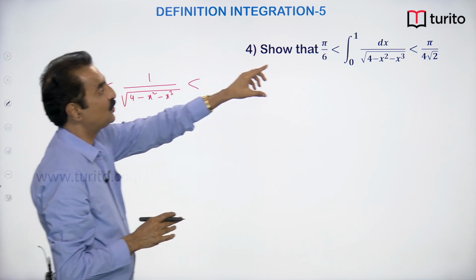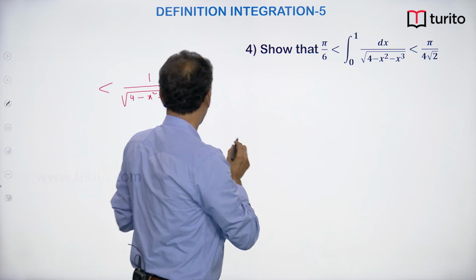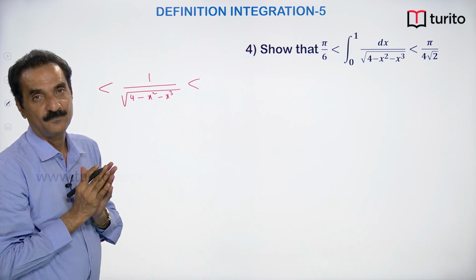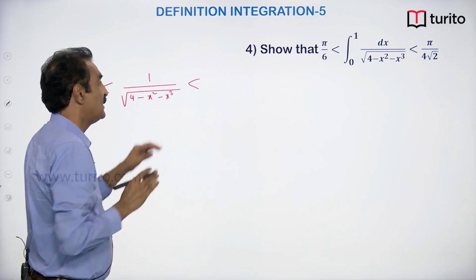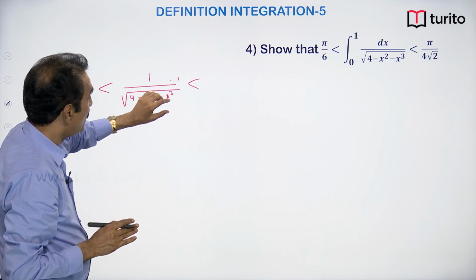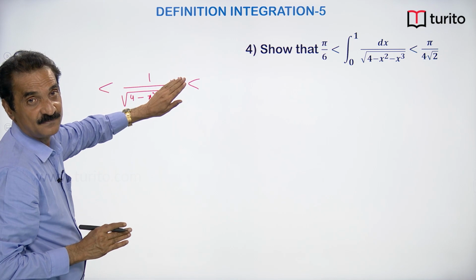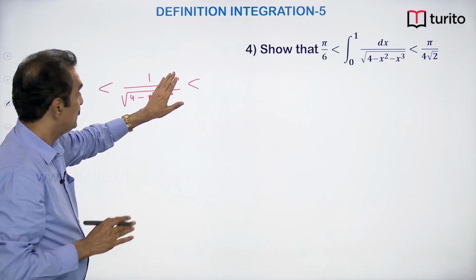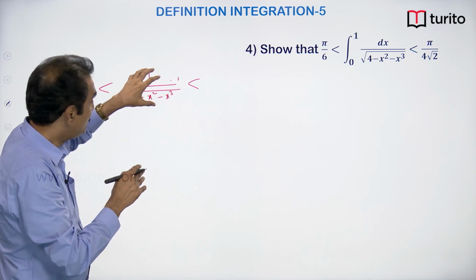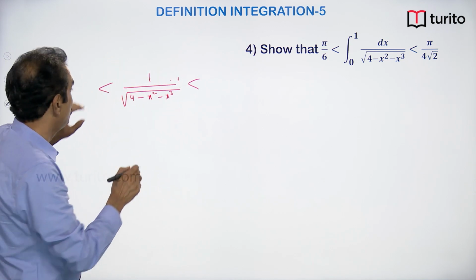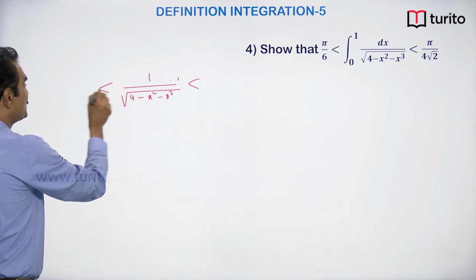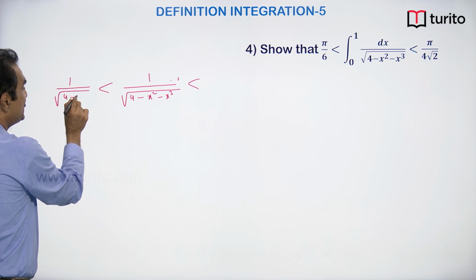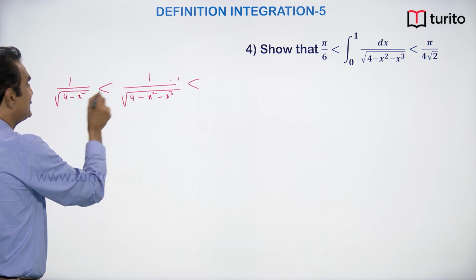In the interval 0 to 1, x cube lies between 0 and 1. If I remove x cube, what happens? The denominator increases, because you are removing minus x cube. When the denominator increases, the total value decreases. So, if I remove x cube, I can write 1 by root over 4 minus x square is less than this.